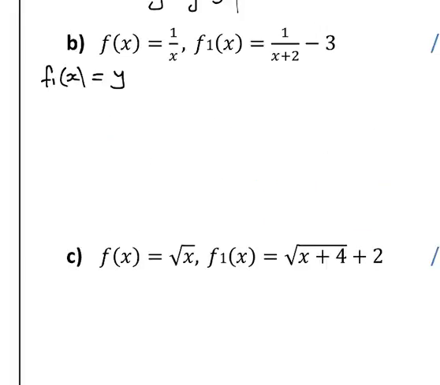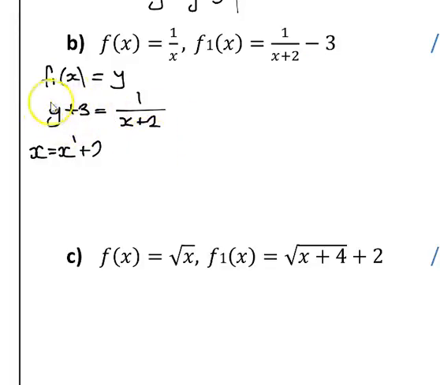Part B is the same sort of thing, so I'm going to rewrite f1 of x as y, and then just slightly rearrange my equation to get the plus or the minus 3 onto the other side. So y plus 3 is equal to 1 on x plus 2. This function is a hyperbola, and in this format here, I can read off what my y is and what my x is.